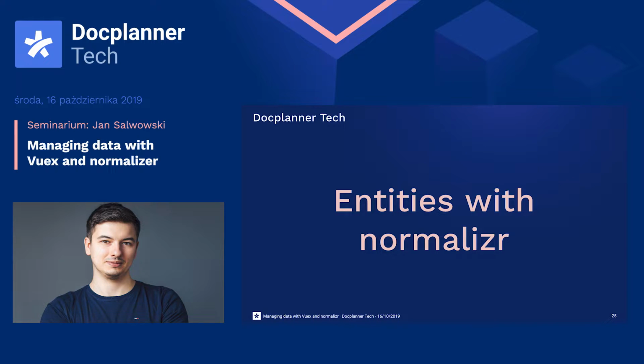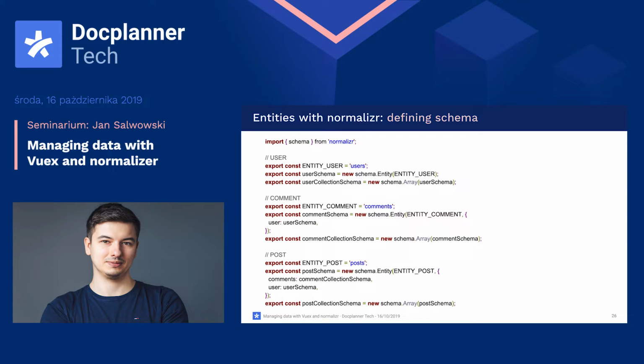So, how do we define entities with Normalizer? We have tools to define a schema, as I showed you on the previous slide. Normalizer gives us schema, which is a set of constructors. First one, entity. We need to pass the name, the schema definition, and you can also have some additional options that I'm going to show you later.